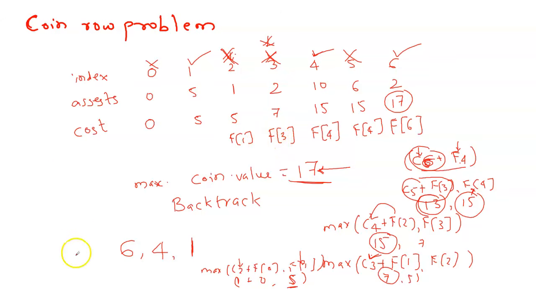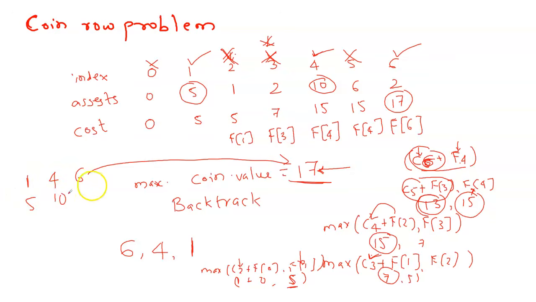So the coins we collected to get the maximum value of 17 were the first coin, fourth coin, and sixth coin. If I pick the first coin, its asset is 5. If I pick the fourth coin, the asset is 10. And if I pick the last coin, the asset is 2. So 5 plus 10 plus 2 gives you 17.